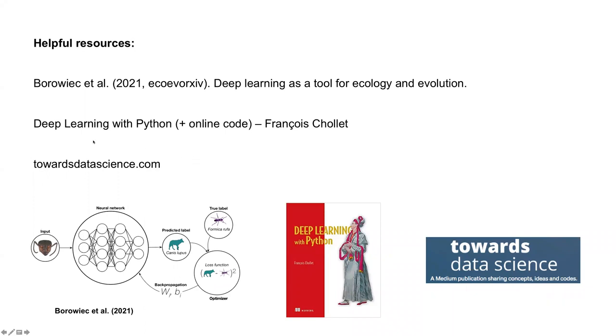When I go into Google and I type in what is an activation function, more often than not, towardsdatascience.com is where I find a good answer, right? Everybody learns differently, everybody teaches differently. Towards Data Science has multiple people who can contribute. So more often than not, this is where I go.